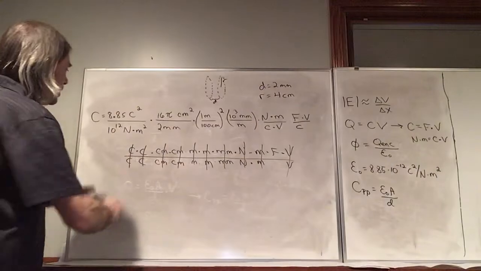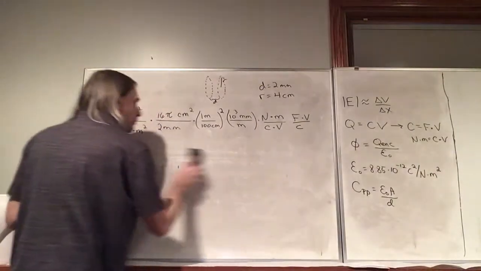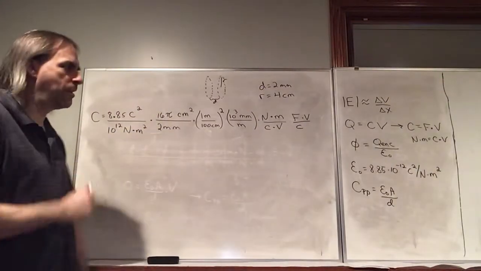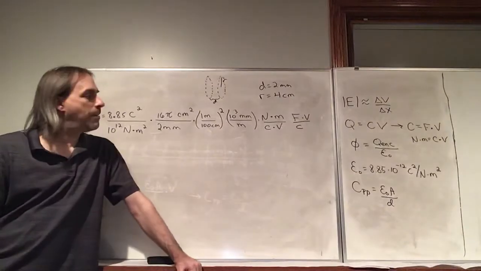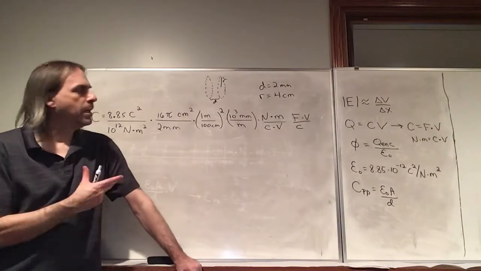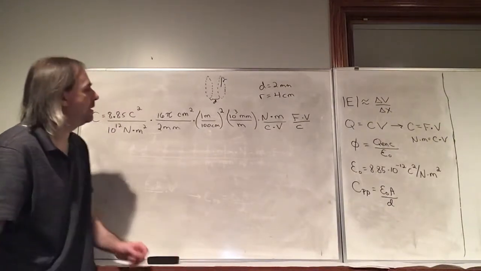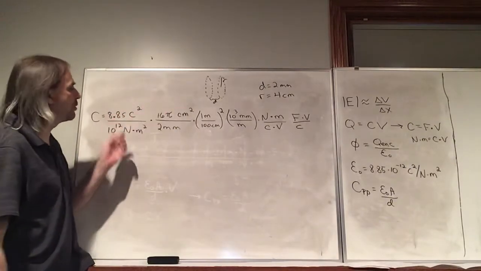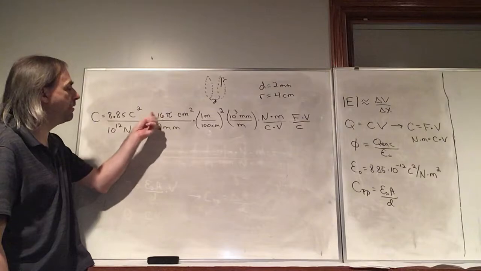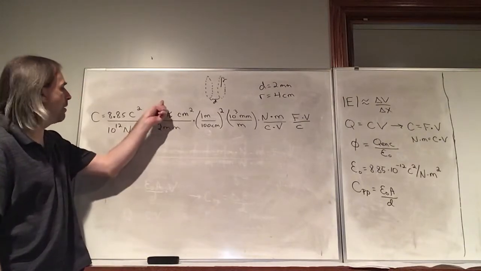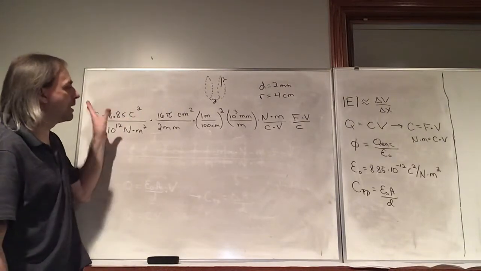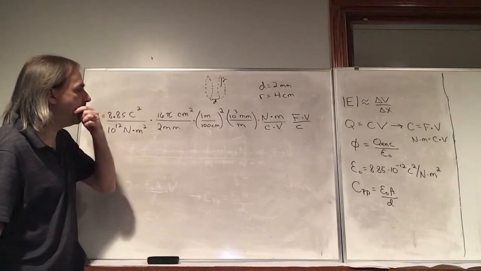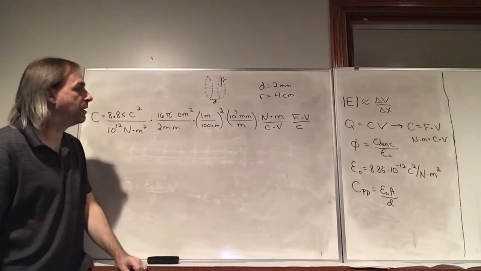Okay, but there's a little problem here. We don't really want to express this capacitance in farads. The reason why is, let's just look at the numbers. We get a reasonably large number on top, 8.85 times 16 pi, that's going to be around 50. So we're looking at maybe 450 times 1,000.